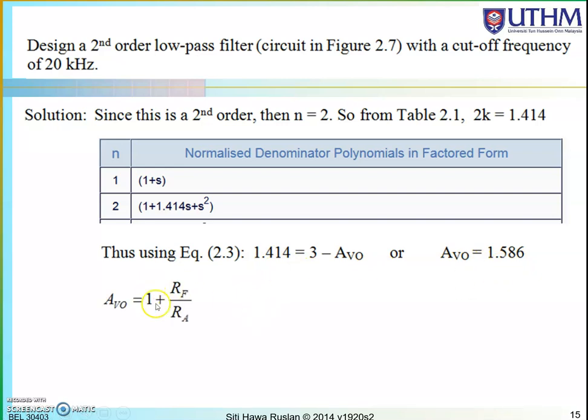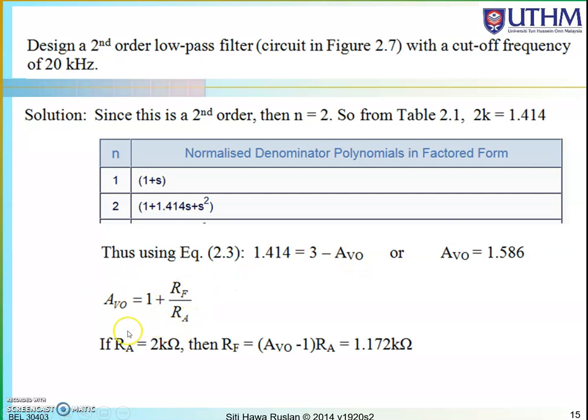Gain is 1 plus RF over RA, so equate this to 1.586. You have two unknowns, RF and RA. Set one value. In the example, I set RA to be 2 kilo ohm. From there, I get RF is 1.172K. So from the second order, get the damping factor over here, equate this to 3 minus AVO, where AVO is 1 plus RF over RA.